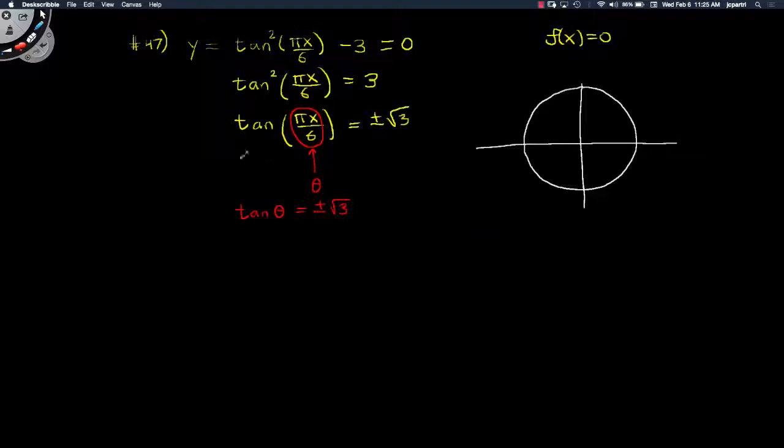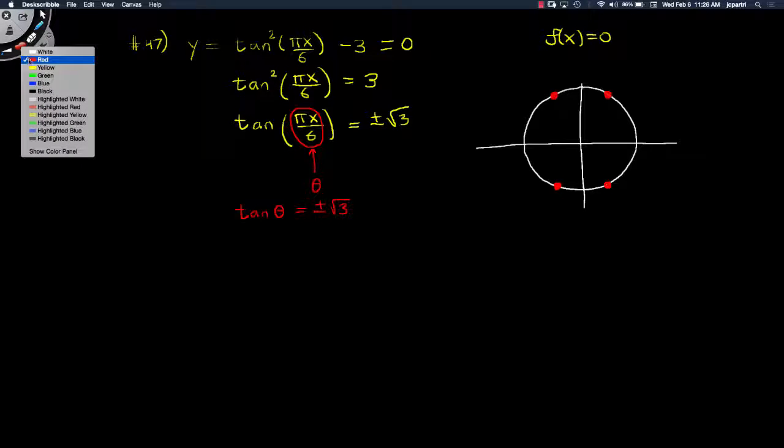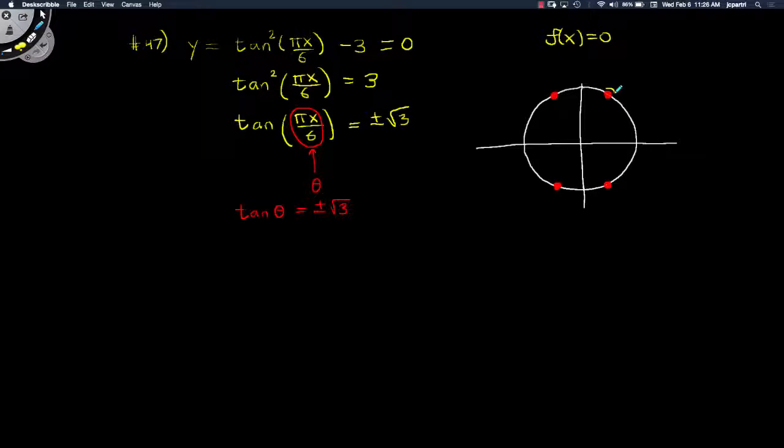Okay, guys, time to focus. When does the tangent of theta equal plus or minus the square root of 3? Pi over 3, 2 pi over 3, 4 pi over 3 and then 5 pi over 3. Yes, I understand now. I was getting confused between pi over 6 and pi over 3.